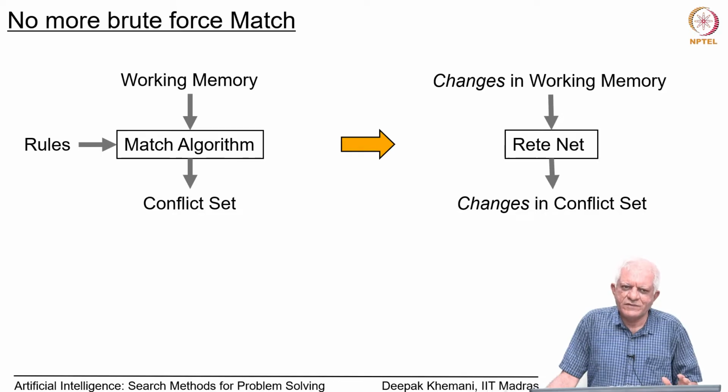In every cycle we want to do the minimum amount of work for match, and even within a cycle we want to share the match needed by different rules and different patterns. If it can be shared and done only once, we would like to do that, and the Rete algorithm does that very nicely, or the Rete Net implements that very nicely. So, let us get on with this.